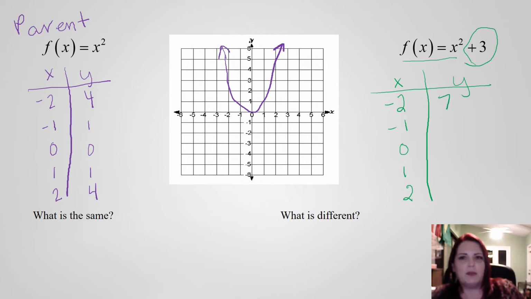Negative 1 squared is 1, add 3 and I get 4. 0 squared is 0, add 3 and you get 3. 1 squared is 1, add 3 to get 4. And 2 squared is 4, add 3 and you get 7. So I'm going to start about here and it's going to come up like this.